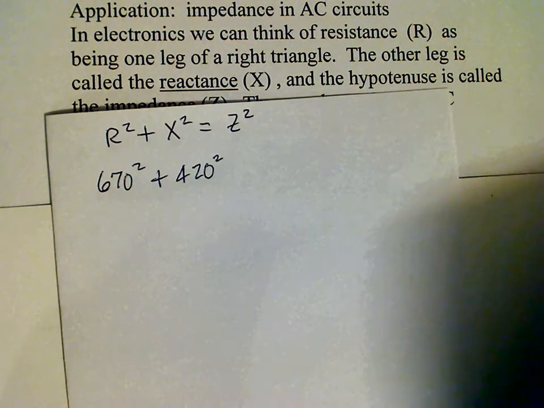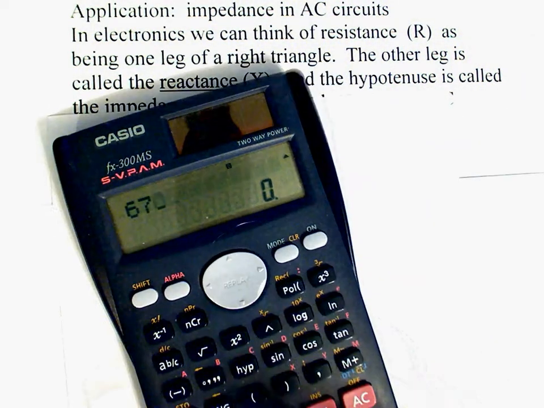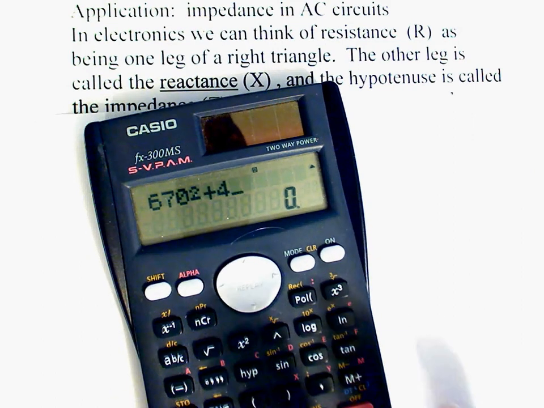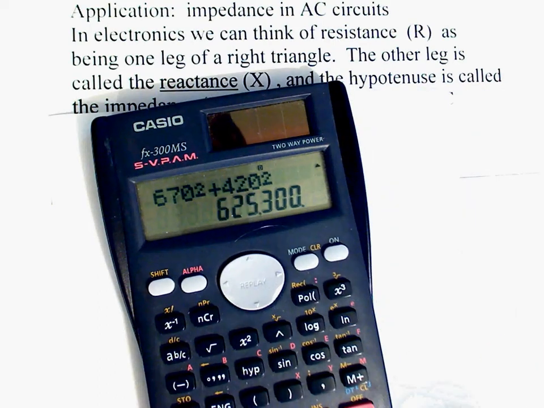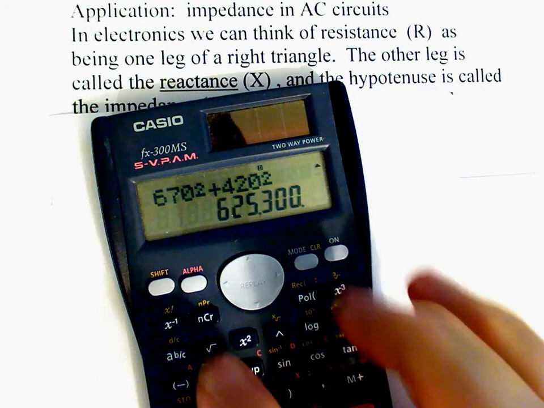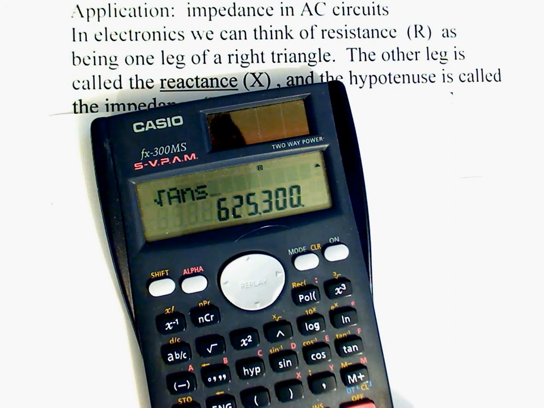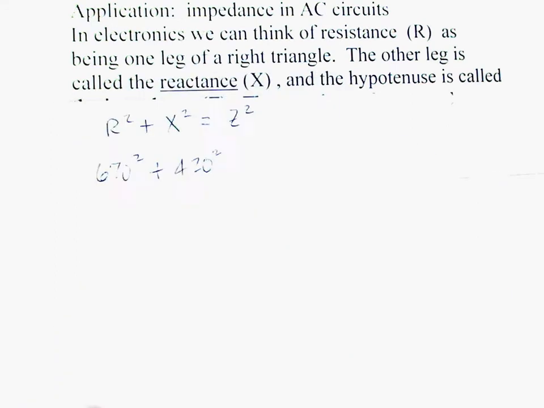And of course, we need our calculator for this. 670 squared plus 420 squared equals, and then I need to take the square root of that to get the answer. And the answer is about 791 ohms.